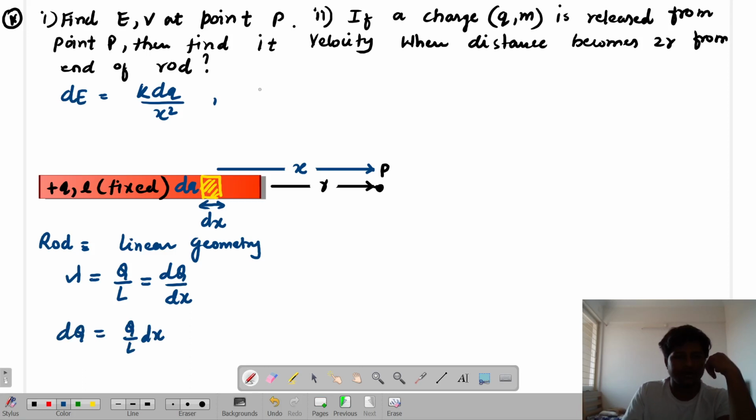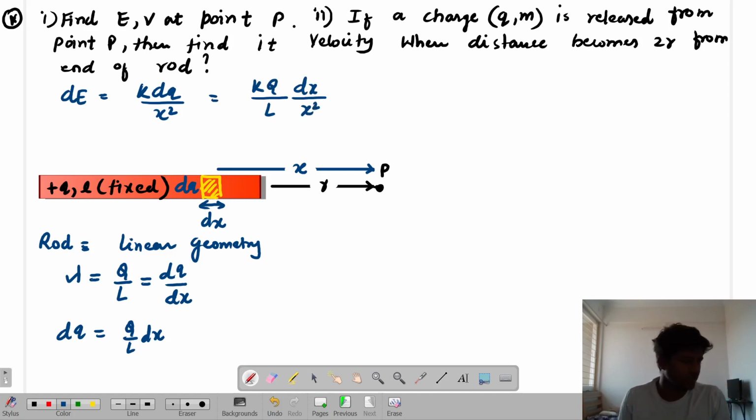So the electric field, in simple terms, this is a small dq, the sign is the same. So the electric field over here becomes k capital Q by L into dx by x square.